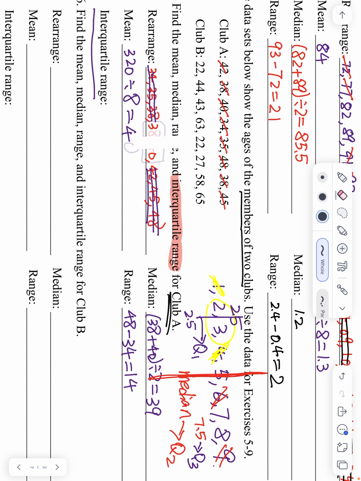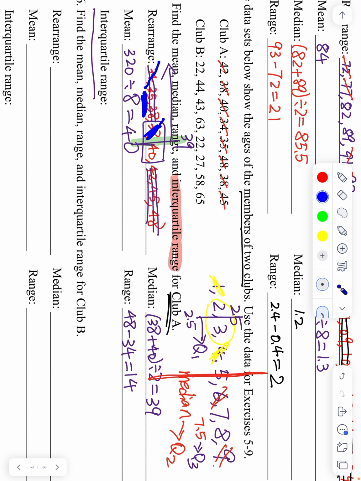We know Q2 right here. The median is 39. Okay, 39. And then this is the lower part. We need to find the median for the lower part. How many numbers we have? 1, 2, 3, 4. We have 4 numbers. We cross out 34 and 38.